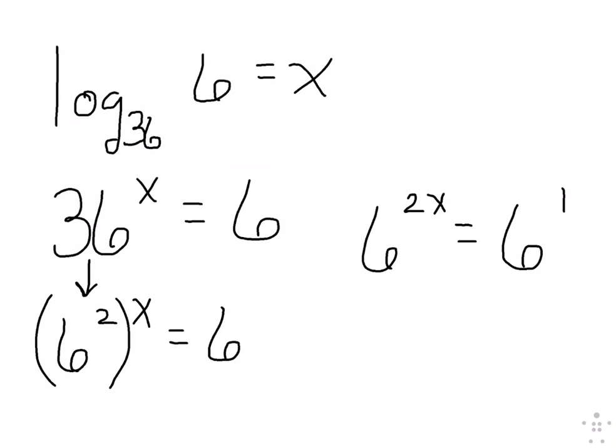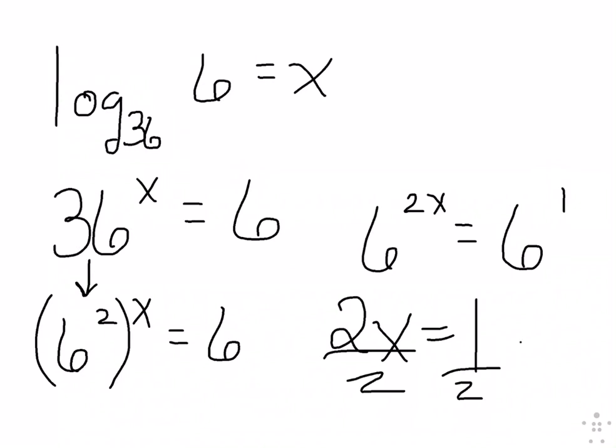Are the bases the same? Yeah. So then what do you do with the exponents? You set them equal to each other and solve for x if need be. What do you have to do to get x by itself? Divide by 2. And what's 1 divided by 2? 1/2. So x equals 1/2.